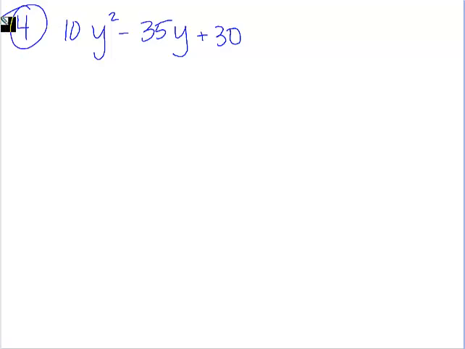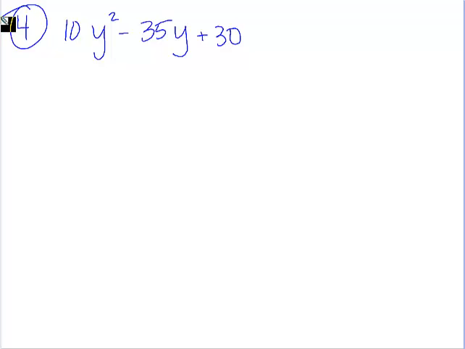All right, 10y squared minus 35y plus 30. And let's see, this would then be example 4. Now, we started off factoring by first looking at greatest common factors, and then we grouped, and now we're doing these trinomials here.